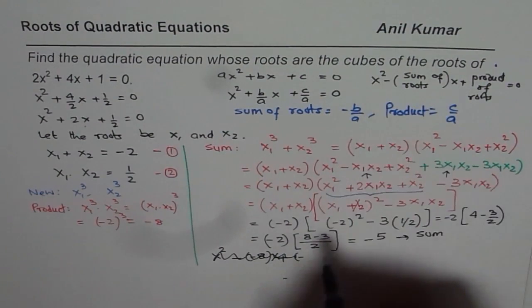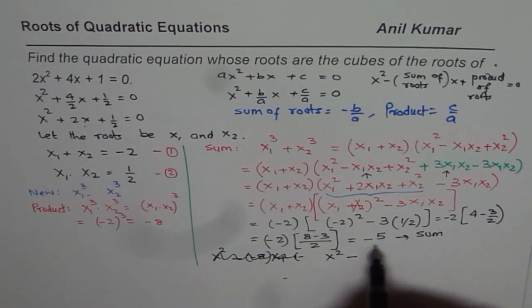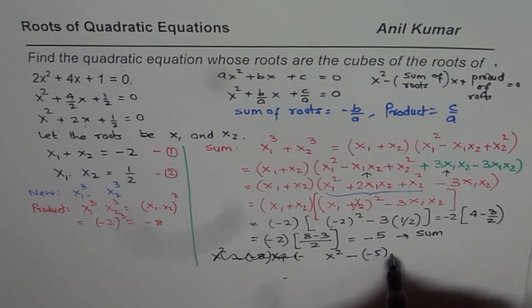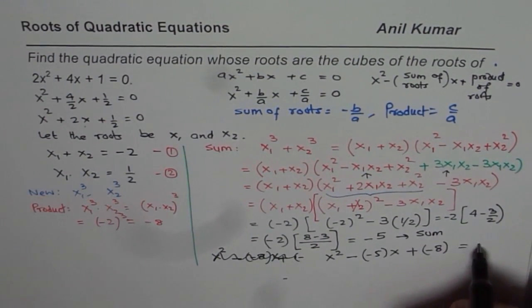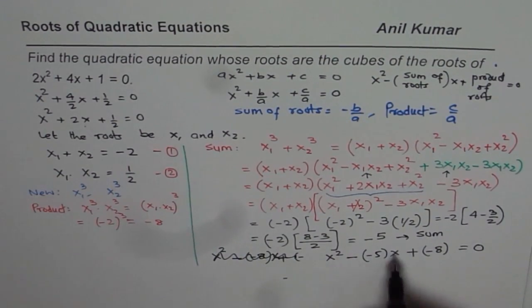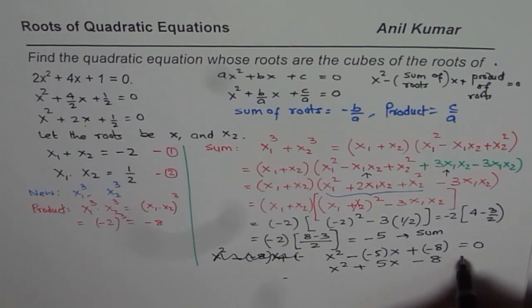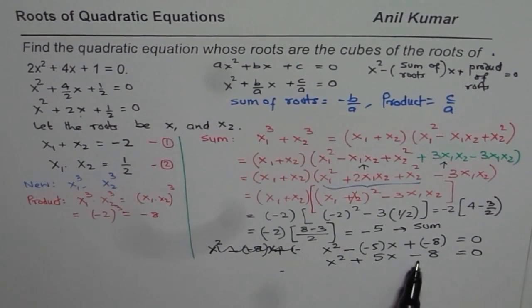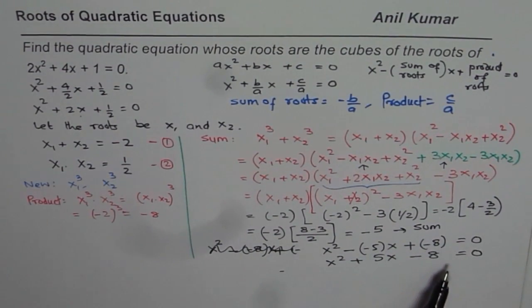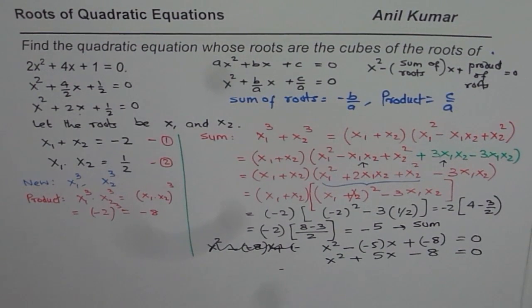So we get our equation as x square minus sum of roots, which is minus 5, x plus product of roots, which is 1 over 8, equals 0, right? So that could be written as x square plus 5x plus 1 over 8 equals 0. So this equation will have roots which are cubes of the roots of the given equation, right? So that is how we could actually solve such questions.